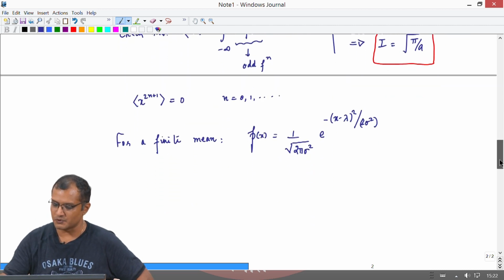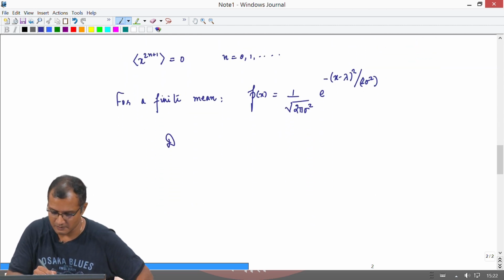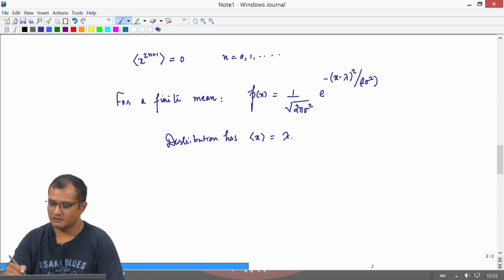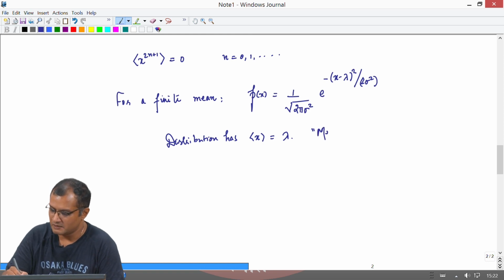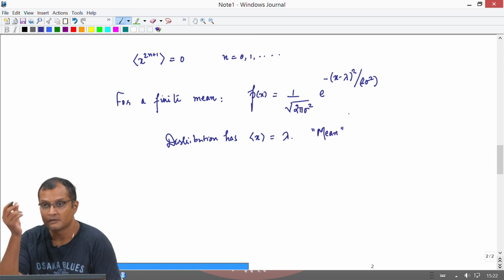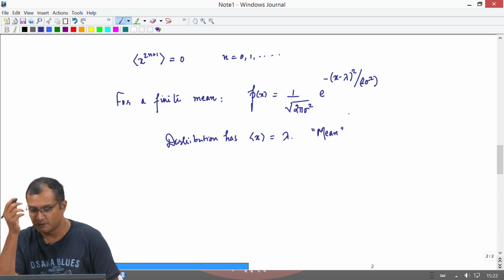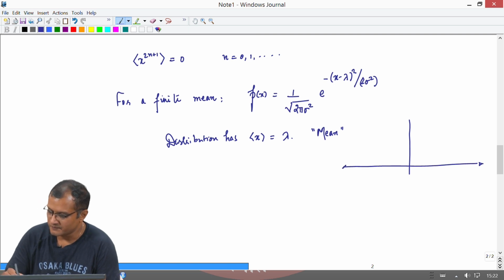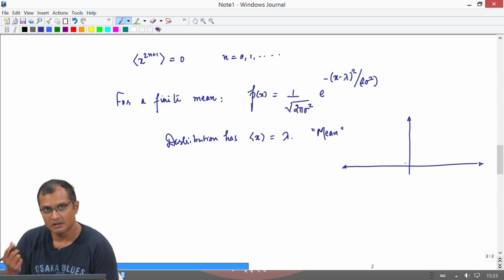Now, this is a distribution that has a finite mean, which is lambda. Okay. So, this is the mean. You can check that this is the mean by the tools that I have discussed already, or have some patience, we will discover that this is the mean in a short while.